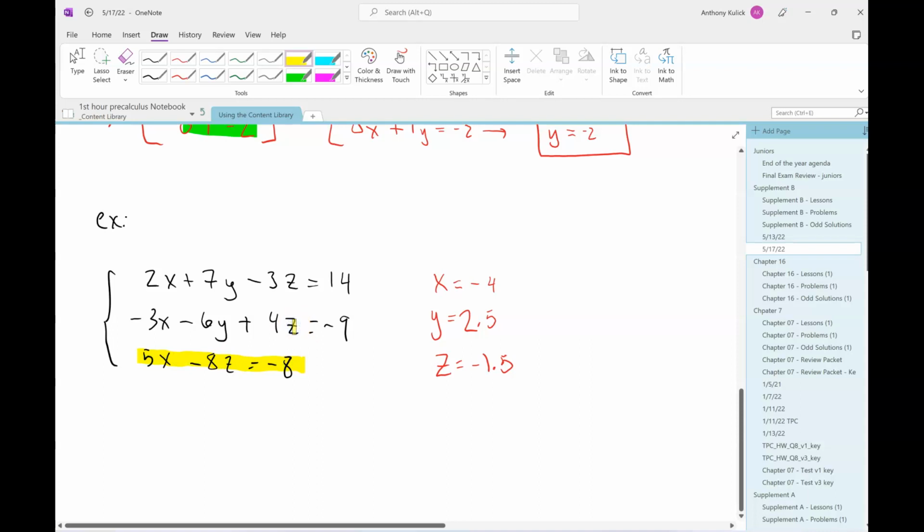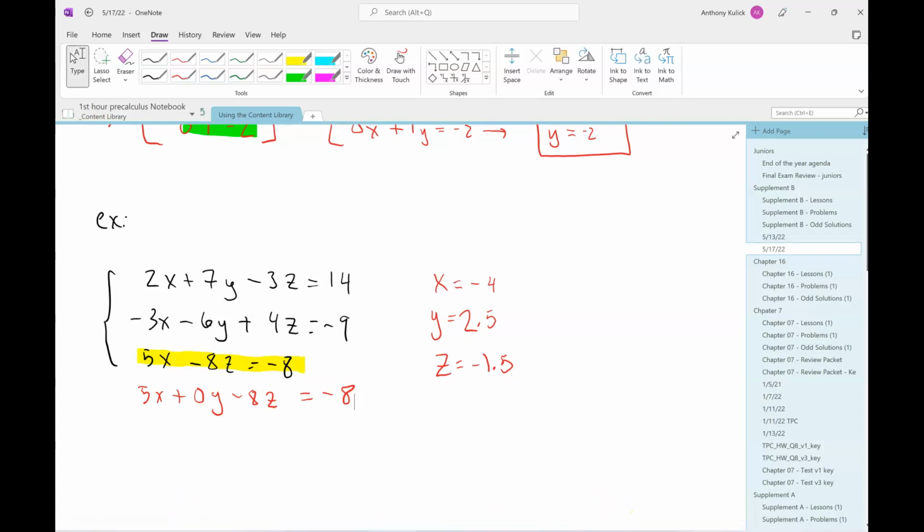That last equation doesn't have a y in it, right? That's not a big deal. I can just write it as a 0y there. Now everything lines up and it's in its proper place.